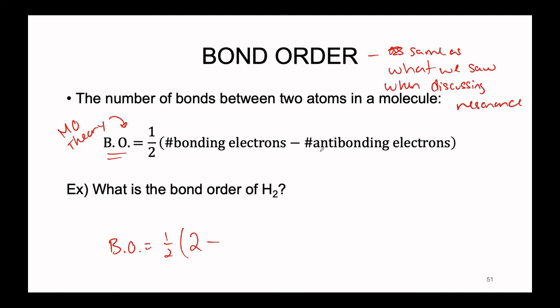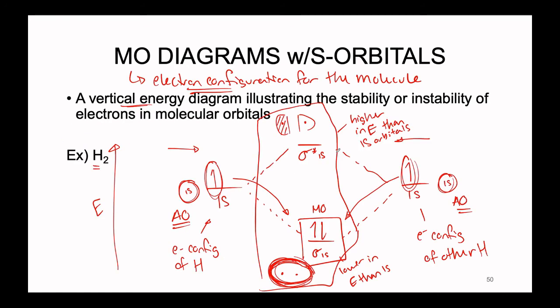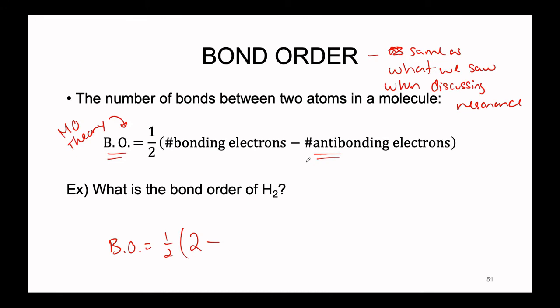We're going to subtract out the number of anti-bonding electrons we have. And the anti-bonding electrons, we can see we have none. So we're going to insert a 0 into our equation here. So 1/2 of 2 is just equal to 1. So there's a bond order of 1 between the two hydrogens.